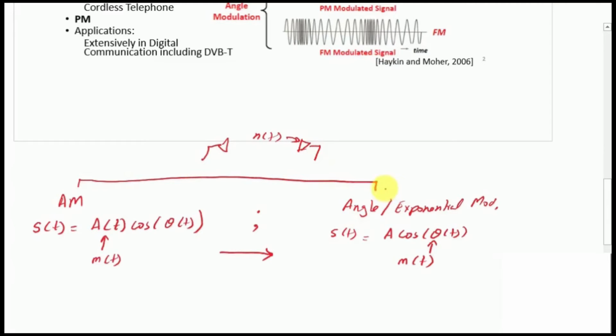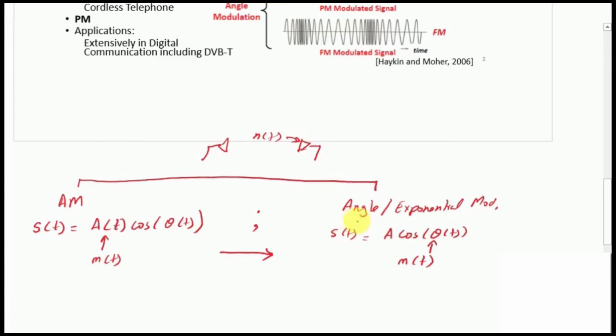But in angle modulation, the amplitude is not conveying any information. In fact, it's the phase which is conveying information. That's why it is more resilient in terms of noise. So we lose on bandwidth, but we gain higher quality or higher capacity of reliable data communication.